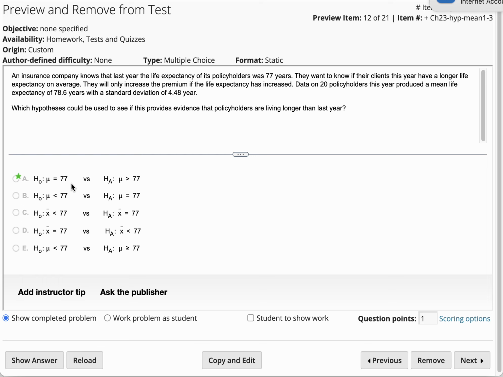So you're challenging, is the insurance company correct, or the data that was collected wants to know if, what does it say? Living longer than last year. Longer than last year is the phraseology that points you in the direction of a greater than. So you have to look at the wording very carefully.